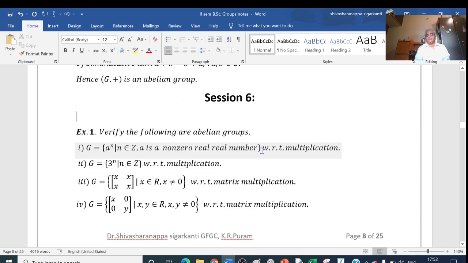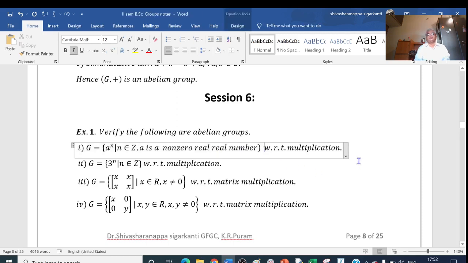This is with respect to multiplication. Second example: G equals the set consisting of elements of the form 3 to the power n, where n belongs to Z, n is an integer, with respect to multiplication.